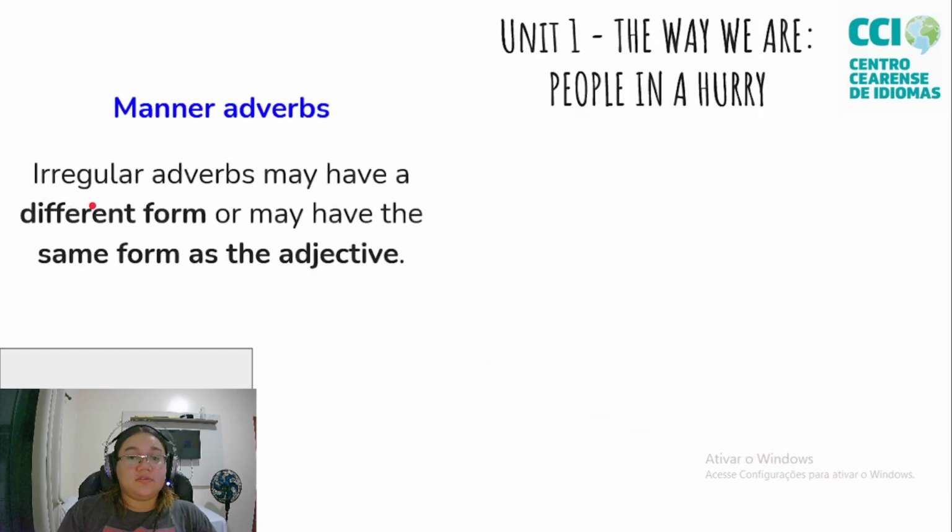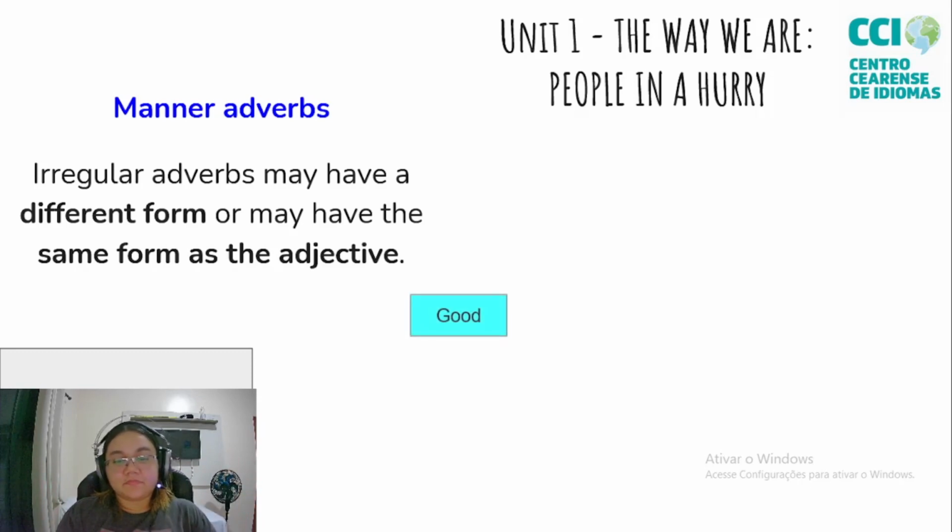But the thing is, not all adverbs are regular. Some adverbs are irregular. Irregular adverbs have a very different form, or they remain the same as when they were an adjective. From adjective to adverb, the word stays the same.